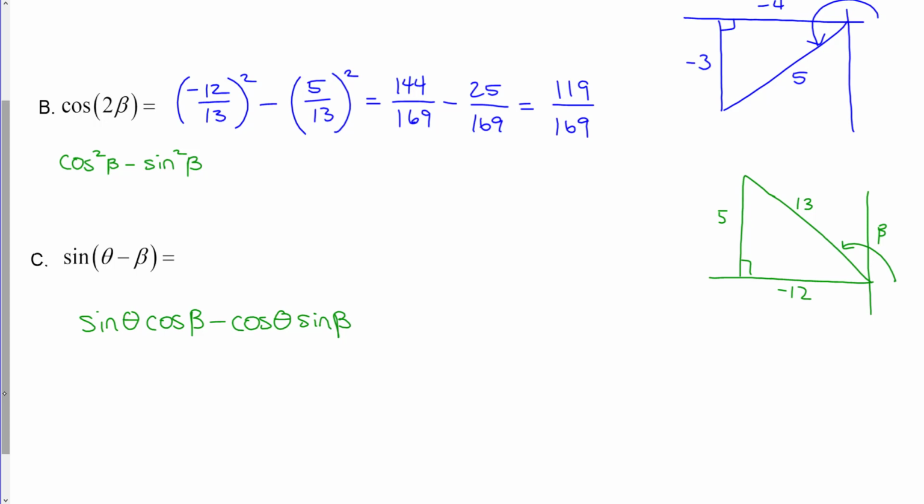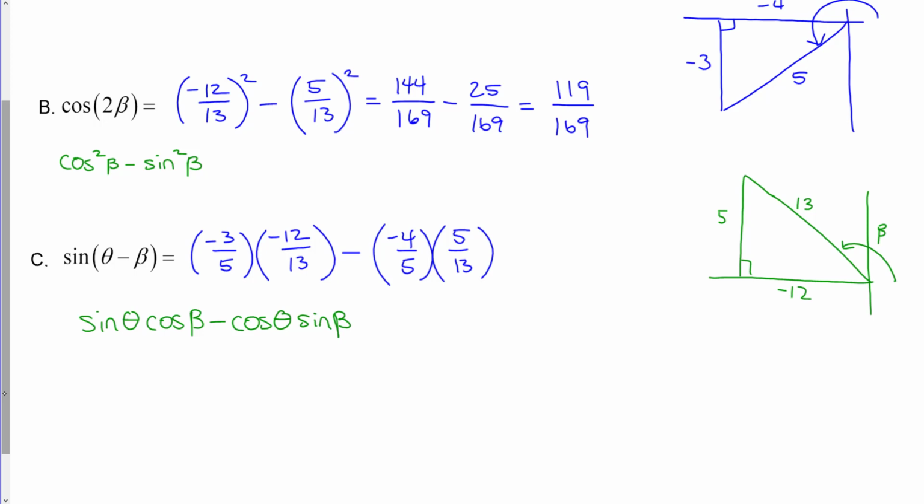All right, sine of theta is negative 3/5. Cosine of beta is negative 12 13ths. Cosine of theta is negative 4/5. And sine of beta is going to be 5 13ths.